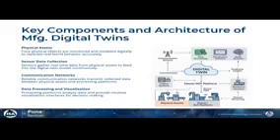So talking about the components and architecture of the manufacturing digital twin. This typically includes the physical assets, sensors for data collection, communication networks, data processing platform, and visualization interfaces.